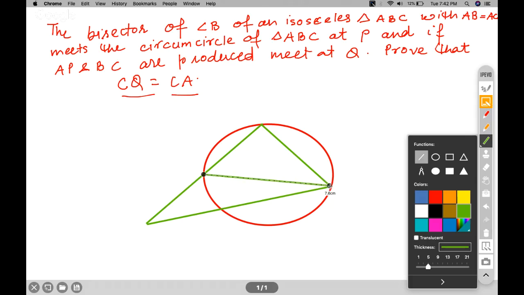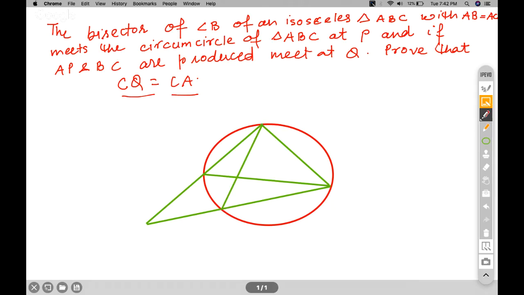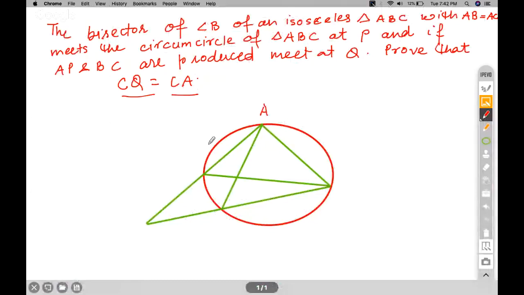Now let me name it for you. This is A, this is B, and this is C, this is P, this is Q. I've already told that AB is equal to AC, and you have to prove that CA is equal to CQ. Solve this question.